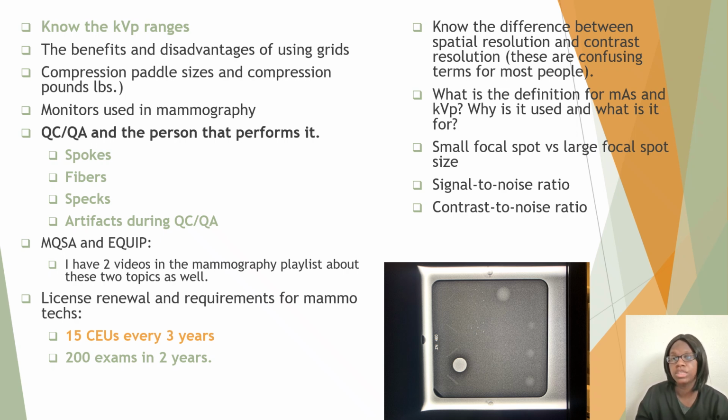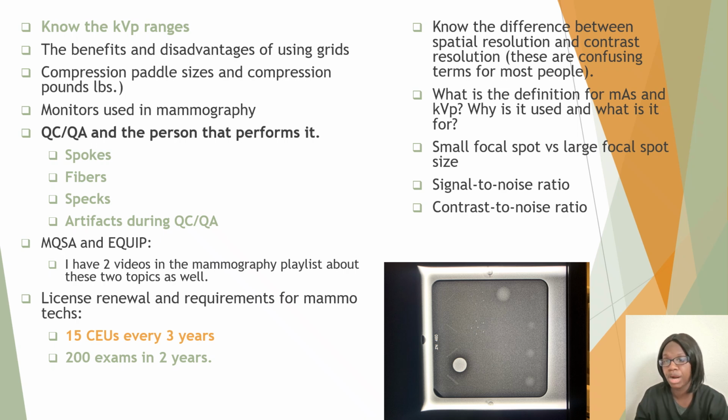Know the difference between spatial resolution and contrast resolution. These terms are confusing for most techs. You can put in the comment box if you're confused about these two terms, but know the difference between those terms. What is the definition for mAs and kVp? Why is it used? What does each one control? Does it control contrast?